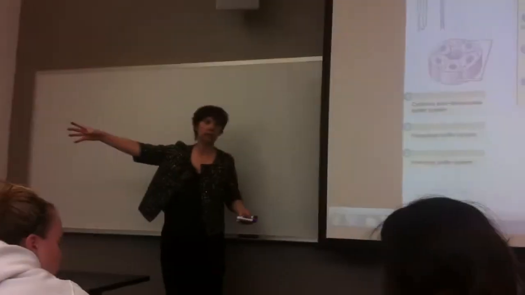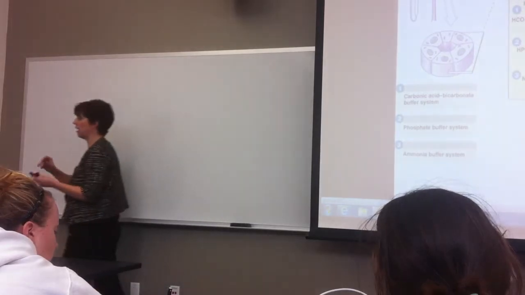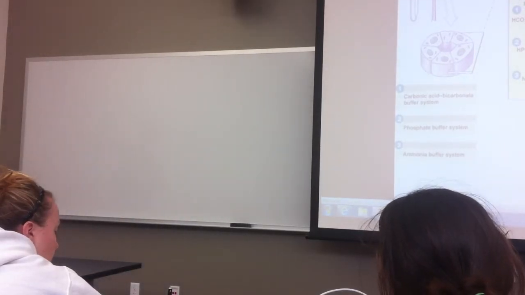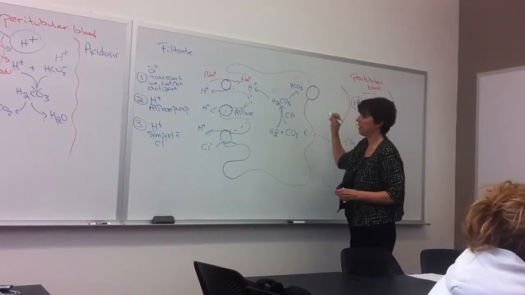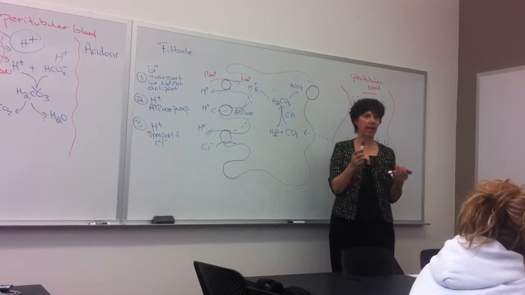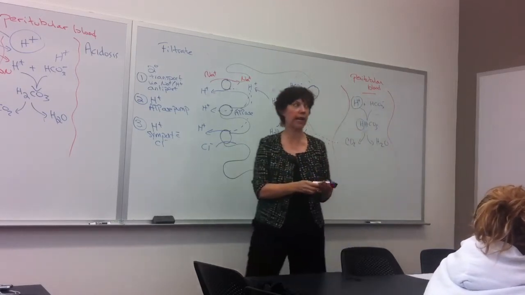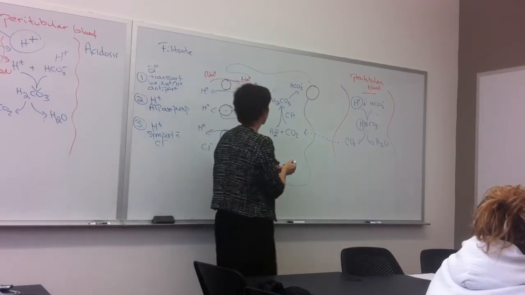Okay? Now rather than complicate that, oh, I need to get rid of bicarbonate ions. So bicarbonate ions have a channel in the basolateral membrane that typically exchanges them with chloride or with sodium. Okay?